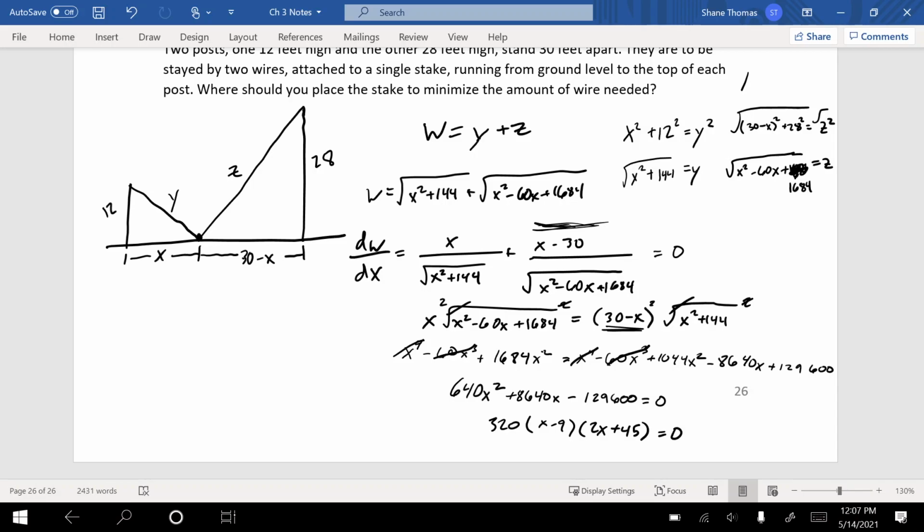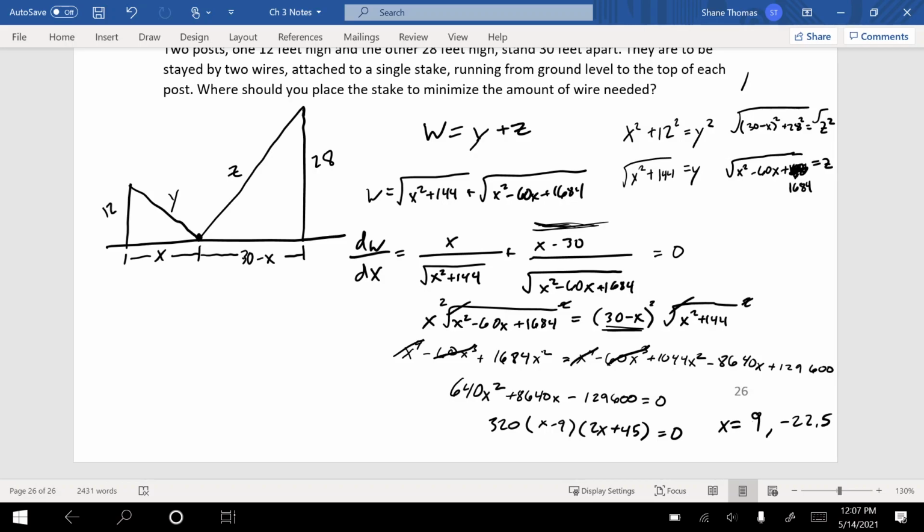That's equal to 0. Pretty quickly, you take that 320 out, then you have a 2x out front, so it's not as bad. So that means x equals 9, or the other one, 2x equals negative 45. Negative 45 divided by 2 is negative 22 and a half. So I have those two answers.